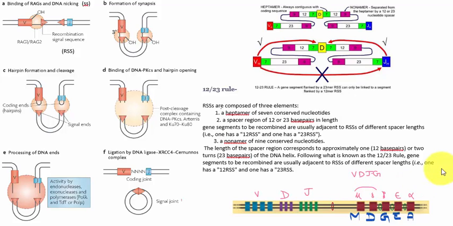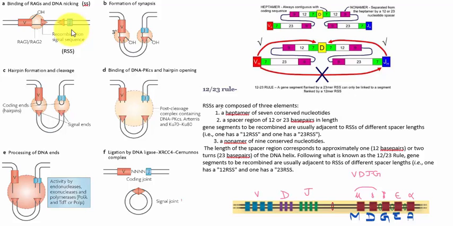So let's switch to the mechanism. The RSS, the recombination signal sequence, binds to all the variable genes. Here in this case we are dealing with the V and J genes. So the RSS sequences are present. Then in the next step, the protein complex called RAG1 and RAG2 binds to the recombination signal sequence, correct?